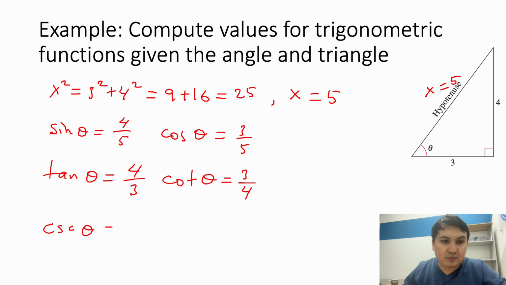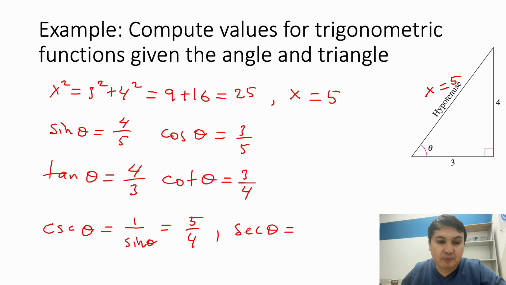Cosecant theta is sort of the opposite of the sine, the inverse, 1 over sine theta, or hypotenuse divided by the opposite, so it's 5 over 4. And finally, secant theta is 1 over cosine, or hypotenuse divided by adjacent, so it's 5 over 3.